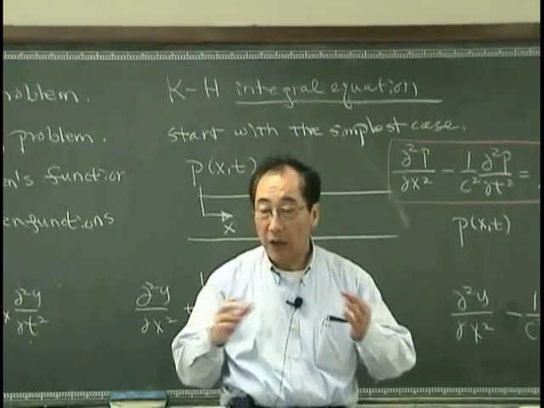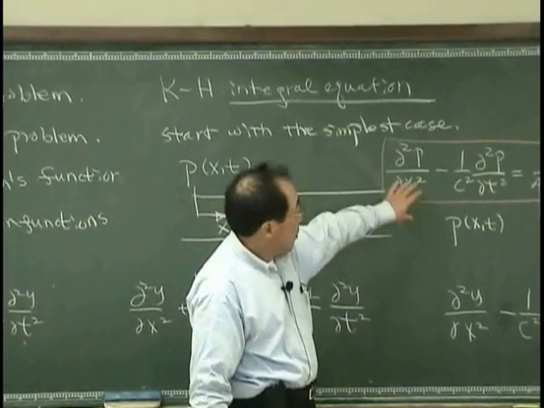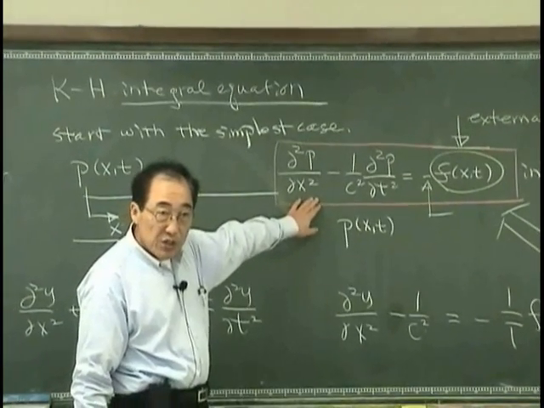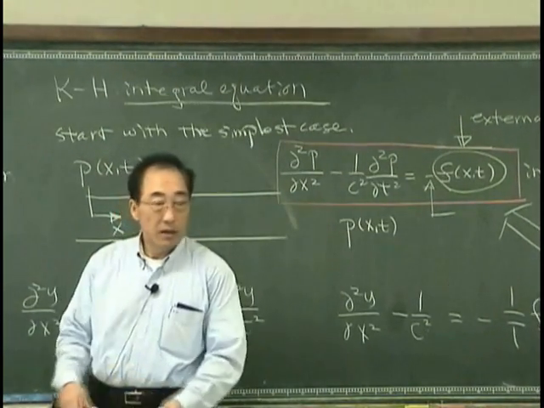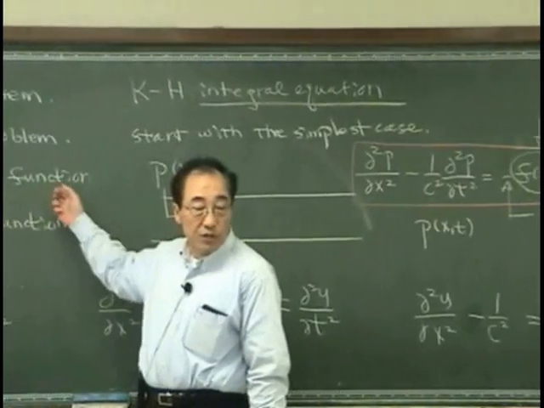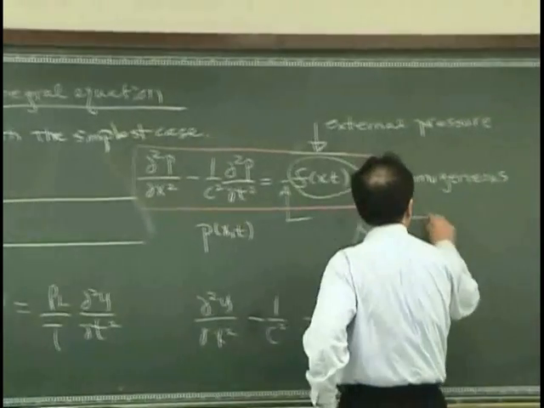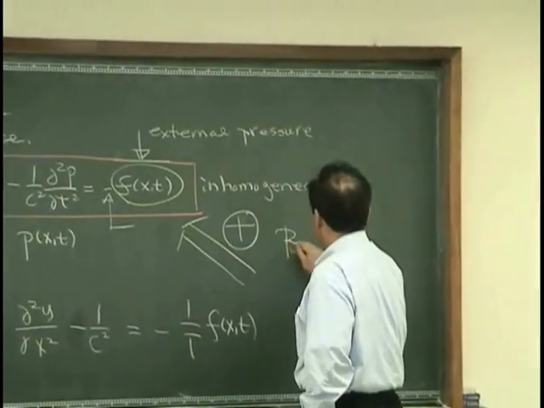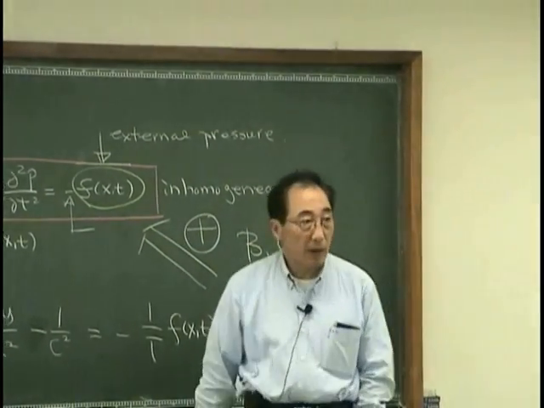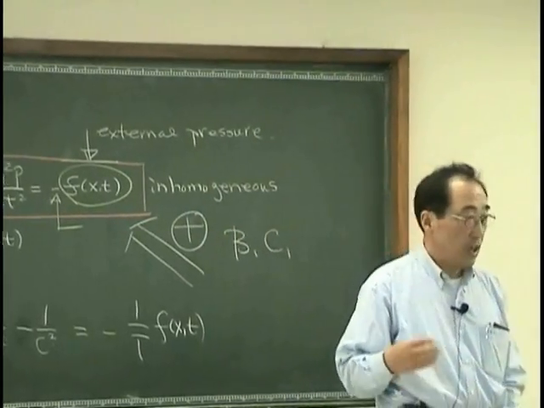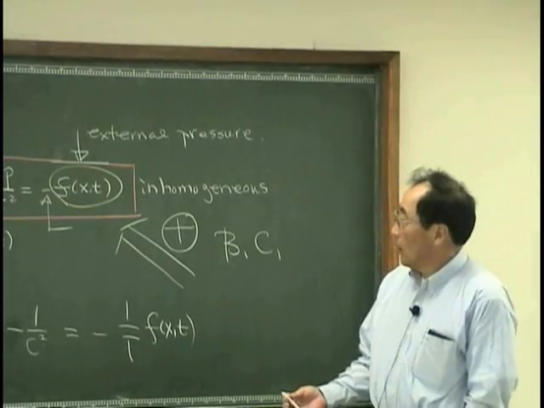So again, I emphasize, our job is to solve this inhomogeneous partial differential equation, either using Green's function or eigenfunctions. Of course, we have boundary conditions over here. Find the solution that satisfies the boundary conditions. That is our job.